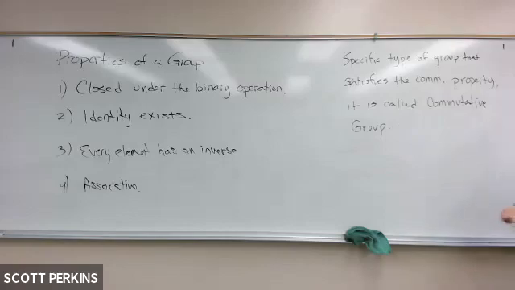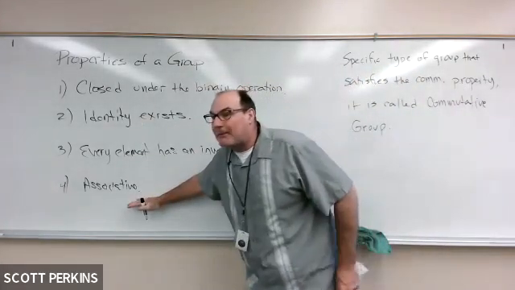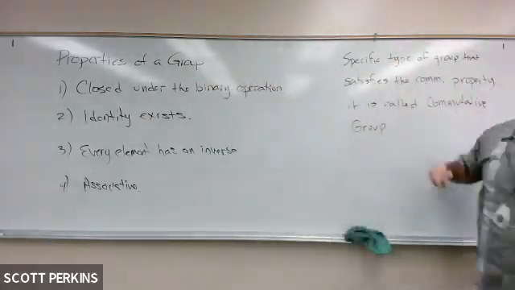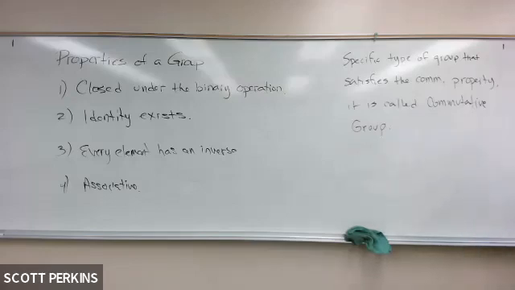So a commutative group satisfies these four properties, and then it has a fifth property, it's commutative. And again, we know addition and multiplication are commutative. If it's division or subtraction, then it's not commutative. It's not a commutative group.